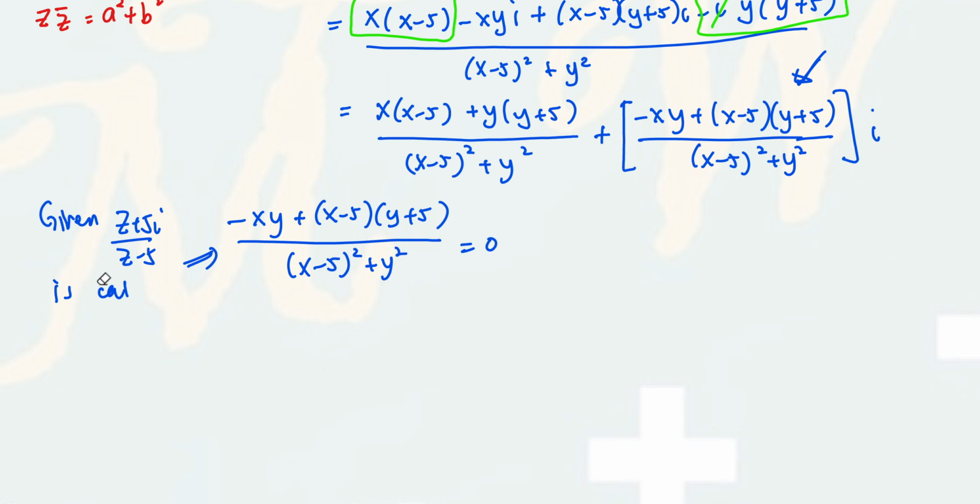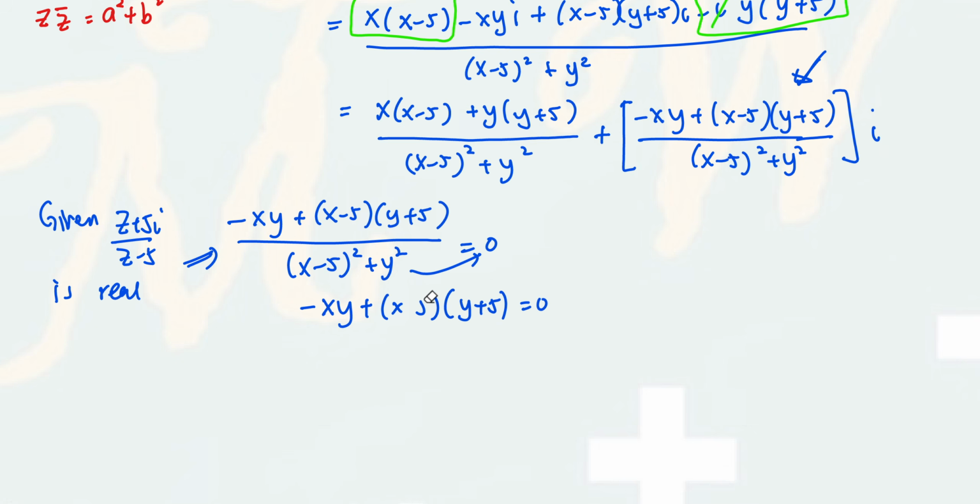Now when I solve this equation, I will move the denominator to the right side, where it becomes 0, which means I just let my numerator be 0. So I write minus xy plus x minus 5 times x plus 5 is 0.